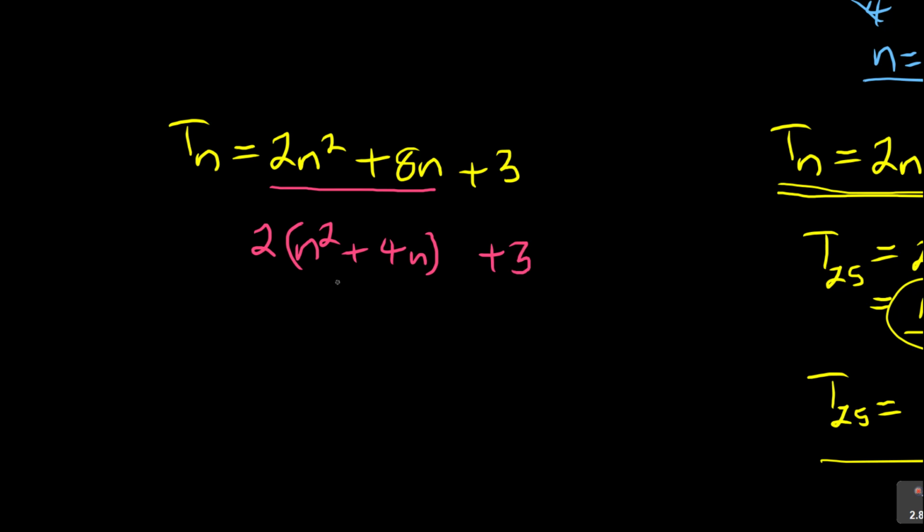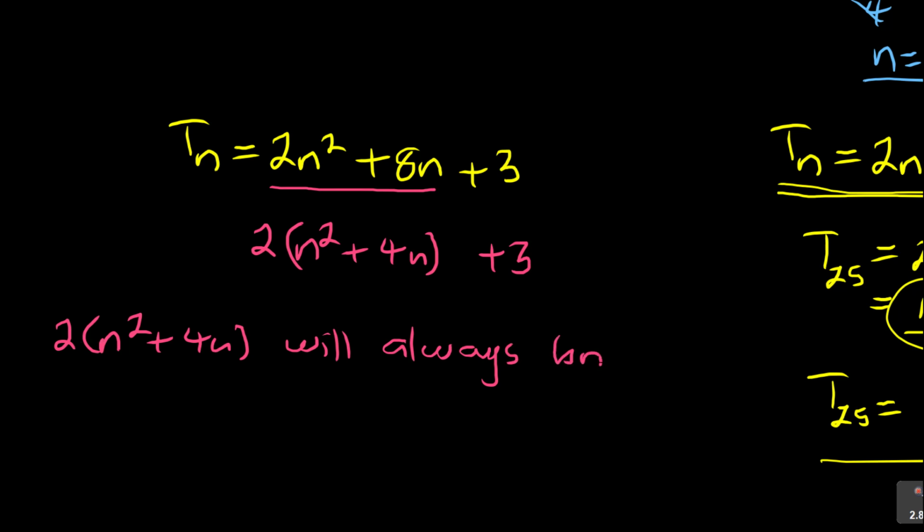So you can see that 2n squared plus 4n will always be even, because any number that you multiply by 2 is always even, right?